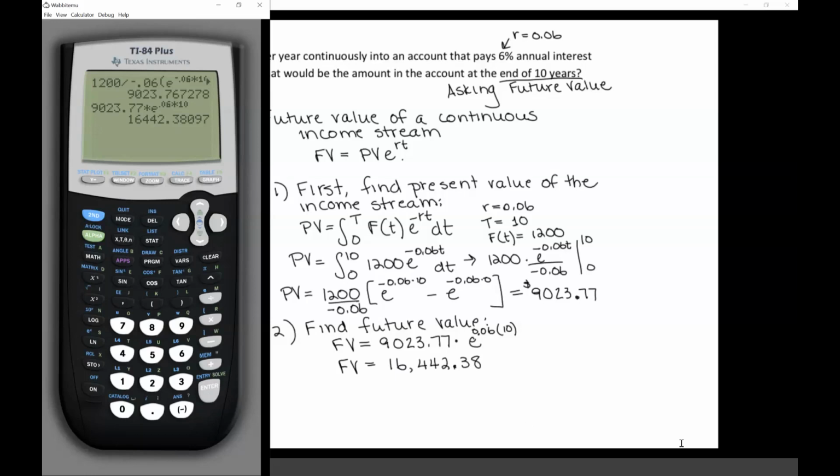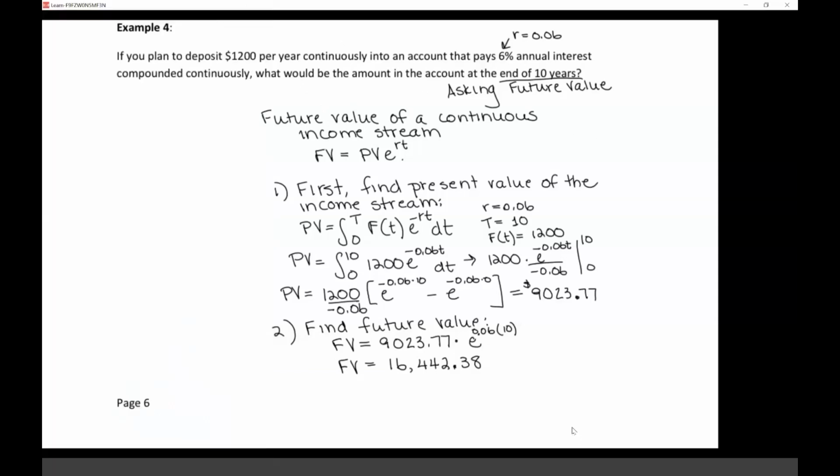You can see with these problems, it's important to be able to read them and understand that what they're giving you is a flow. If they say you're depositing something continuously or earning something continuously, that's the flow equation you're looking at. That's not a present value or a future value. You have to figure those out with the equations.